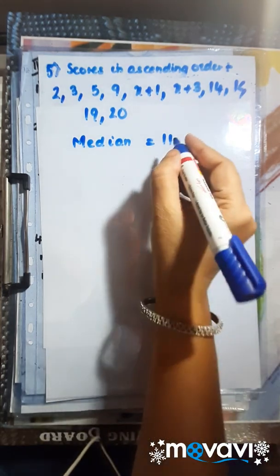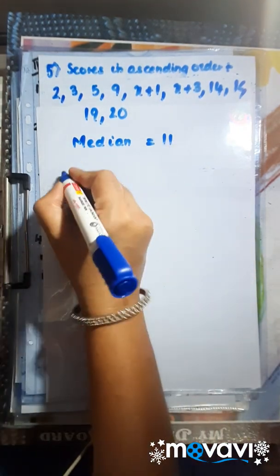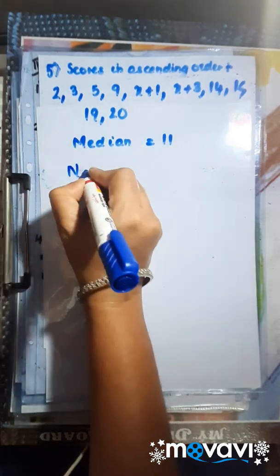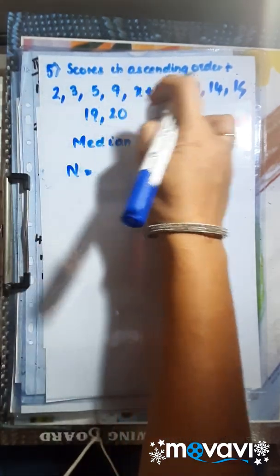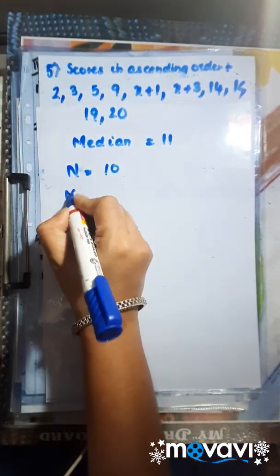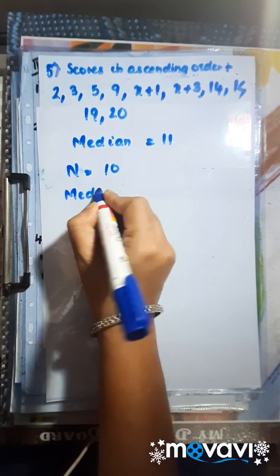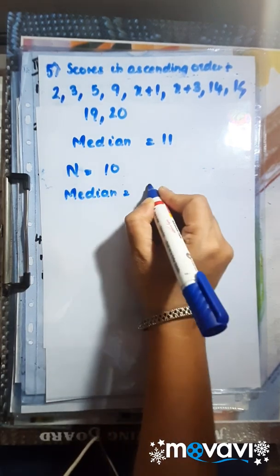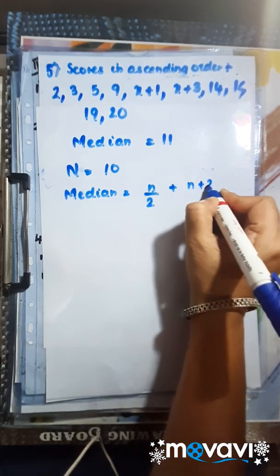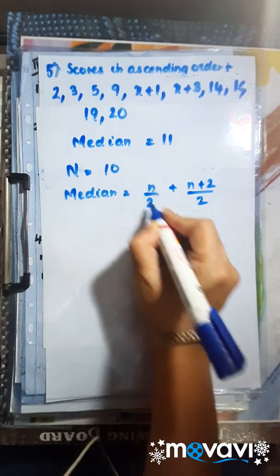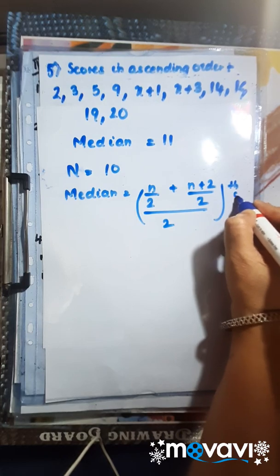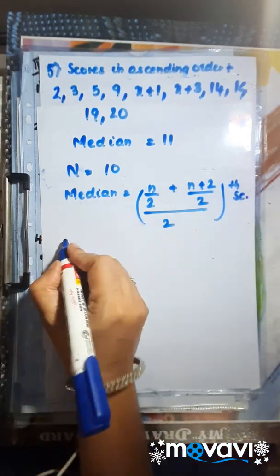So now let's see. The median is 11, correct? Now how much is n? Number of scores, capital N, we'll write it as 1, 2, 3, 4, 5, 6, 7, 8, 9, 10. Therefore my median is the average of the n upon 2 score and the n plus 2 upon 2 score. They are telling you the median is equal to 11.